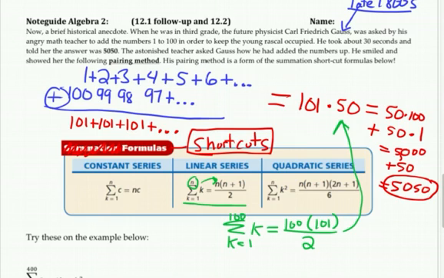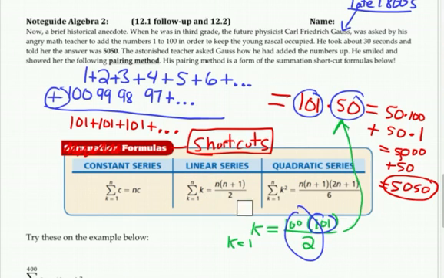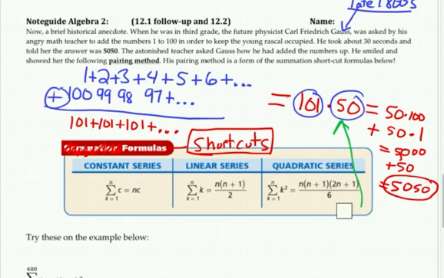Well, you can see very clearly the 101 is right there, and 50 is 100 divided by 2. So really this is Gauss discovering a shortcut formula that's oh so important as a young man. So we need to definitely have that one memorized. And for my quizzes, at least temporarily, you need to try to memorize these other ones as well.